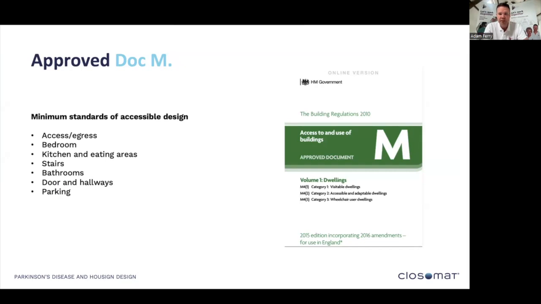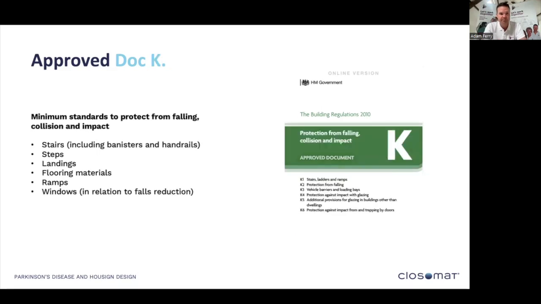Really good document to look at as a starting point for design spaces, turning circles. We're not technical designers as occupational therapists, though there may be some technical officers on this webinar who certainly are, but we ourselves are not. And it's a really good starting point for thinking about accessible design and what the minimum standards should be.